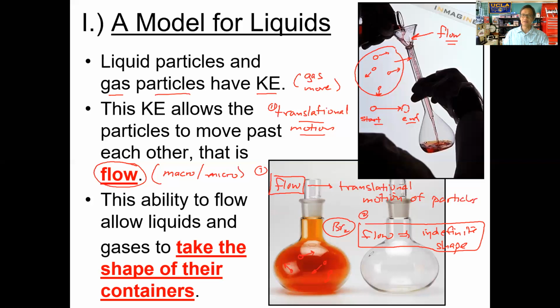We can say that translational motion is directly related to the indefinite shape of gases and liquids. Microscopic, macroscopic: we can observe the indefinite shape of liquids and gases, and we can explain it as a result of the translational motion of the particles.